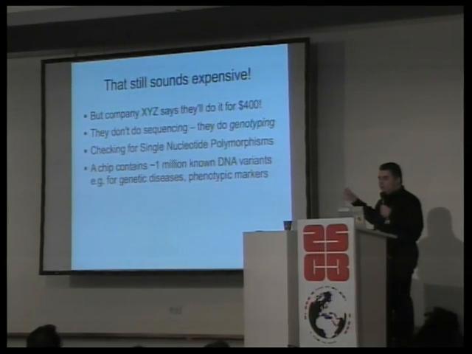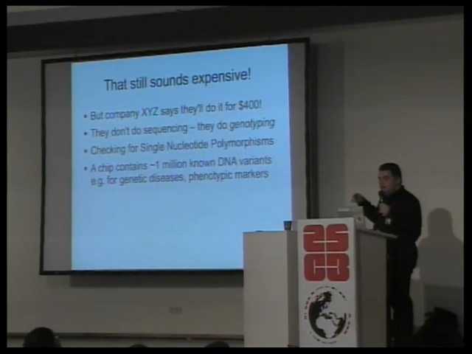So there's again a picture of a chip, and it's glowing in pretty colors. And because you know where each variation is positioned on the chip, you can say, oh, I see this variation in the sample. There are currently chips that can carry 1 million positions on a single chip.